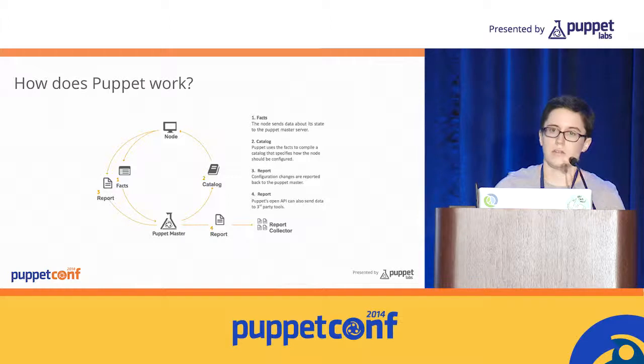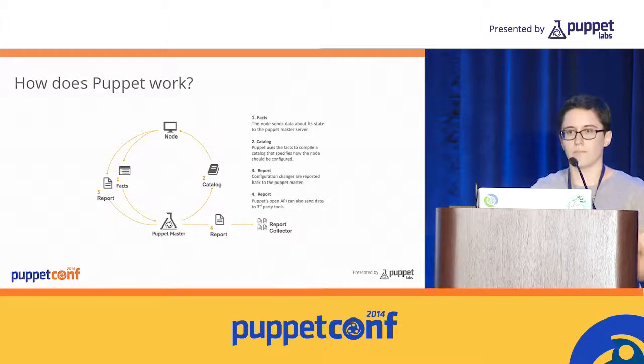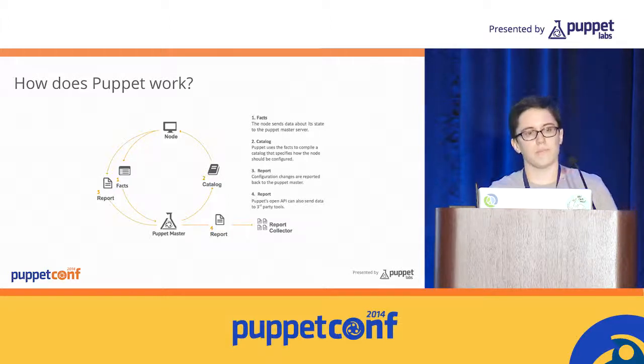And the Puppet master will then go and compile a catalog of how that node should be configured and submit it back to the node. And then the node will apply those changes that the catalog had and submit a report back to the master.